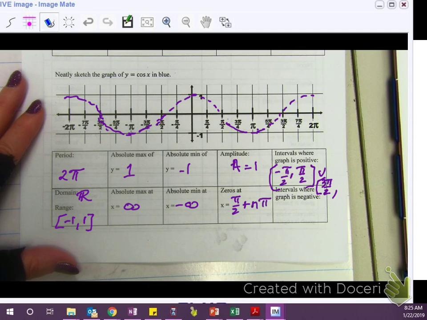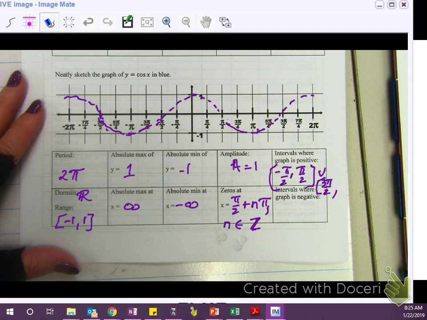Yeah, that's right. The n goes on the pi instead of the pi over 2. Because you're adding no pi, and it's pi over 2. You're adding 1 pi, and it's 3 pi over 2. You're adding negative 1 pi, and it's negative 3 pi over 2, and so on. Still, n is an element of the integers. The zeros of sine are just pi n, and cosine is just pi over 2 plus pi n, because it's just shifted.